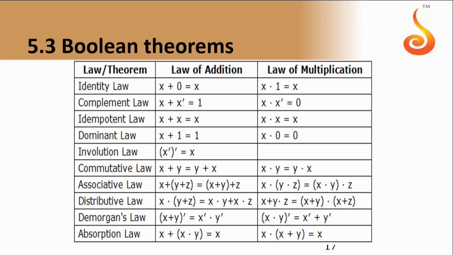This law states that when a variable is ANDed with its complement, when you write AND, you write A N D in capital, and the apostrophe and ED in lowercase. AND means you're doing that operation.